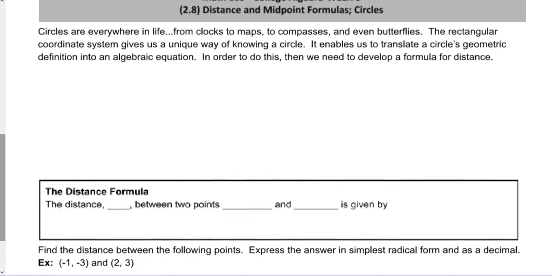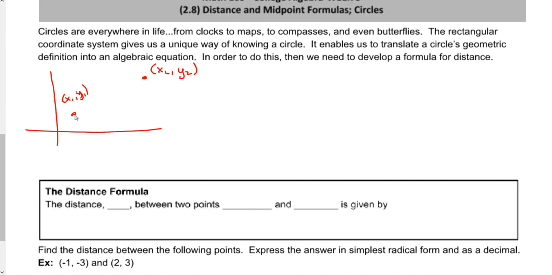So I'm going to start by looking at, on a rectangular coordinate system, this point 1 and this point 2. I'm going to say that this is x1 comma y1, and this is the point x2 comma y2.